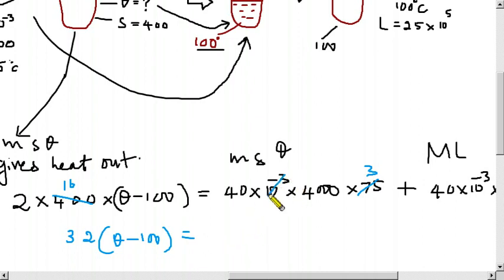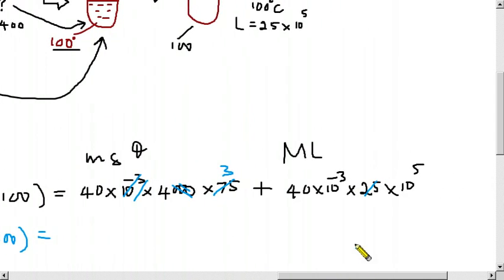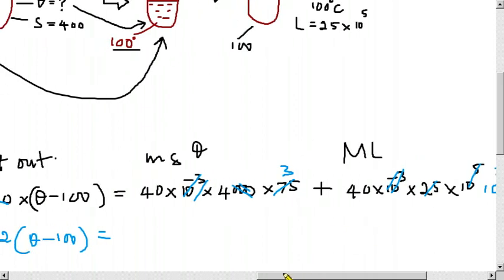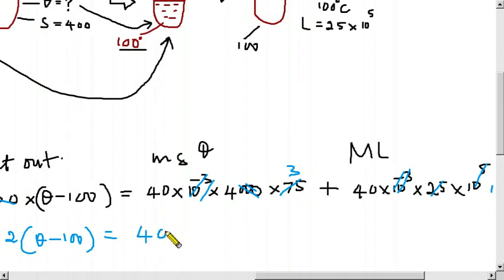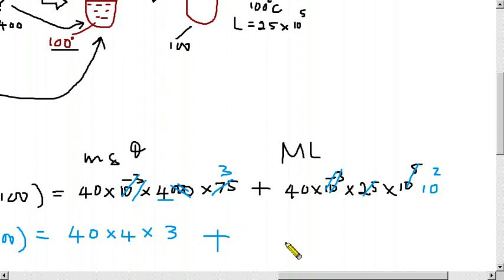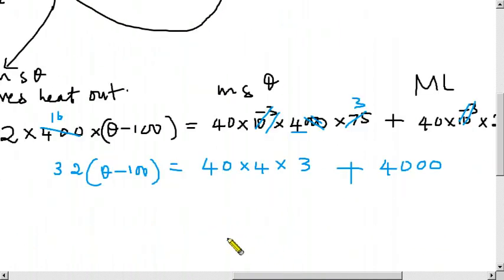Then this minus 3 cancels with this plus 3, and here minus 3 cancels with this plus 5, so remaining 10 power 2. What we get here is 40 times 4, this 4 times 3, plus here 40 times 10 power 2, 4000, 10 power 2.